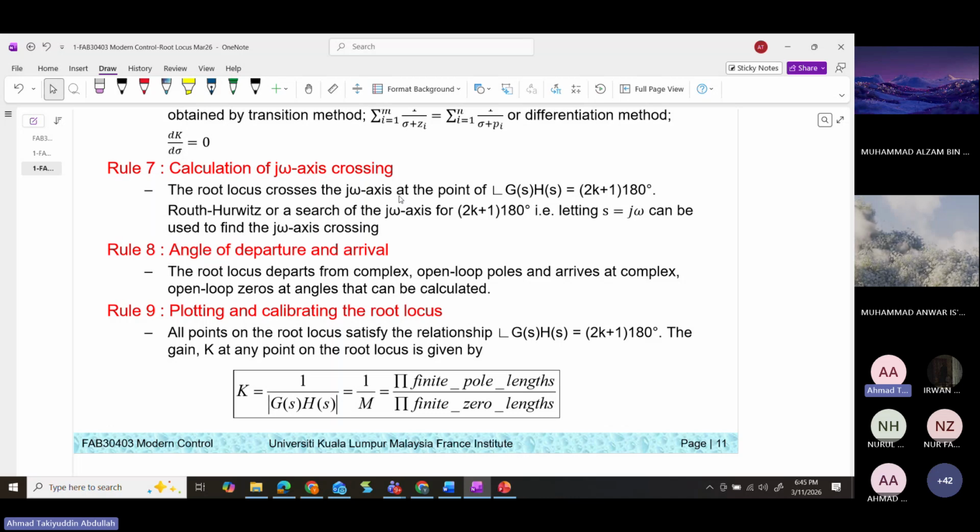And as for angle of departure and arrival, we are going to have them for the complex poles and zeros. I'll explain further on the existence of departure and arrival angle since we already exceeded the time that we're supposed to have for today's session. So I'm just going to stop here.